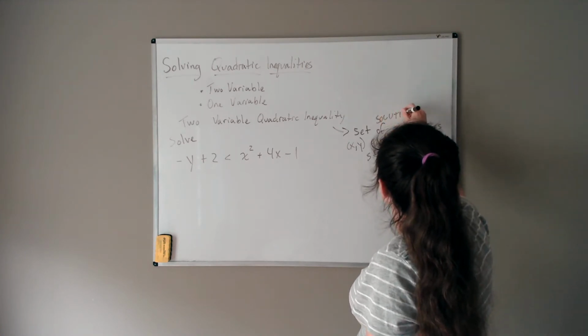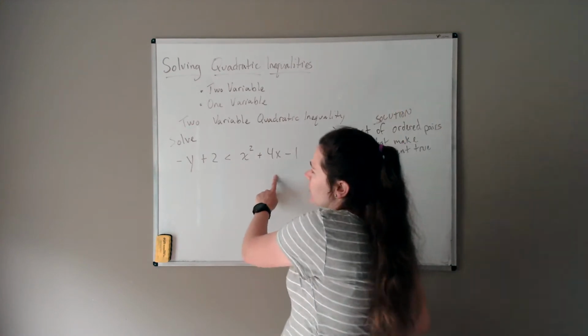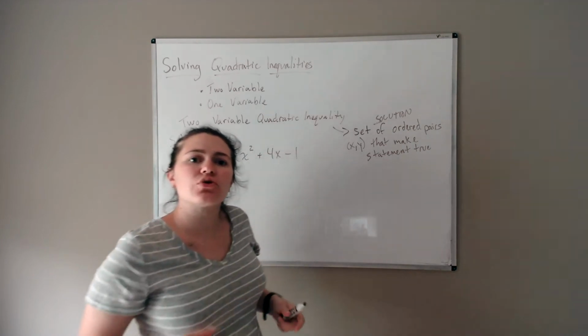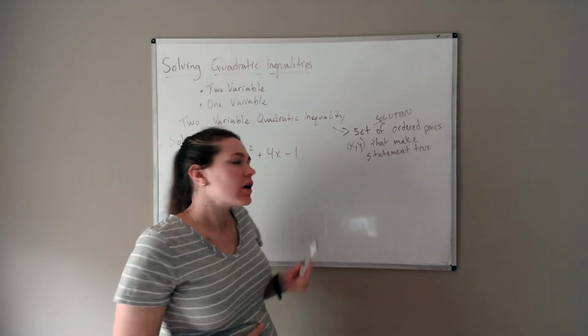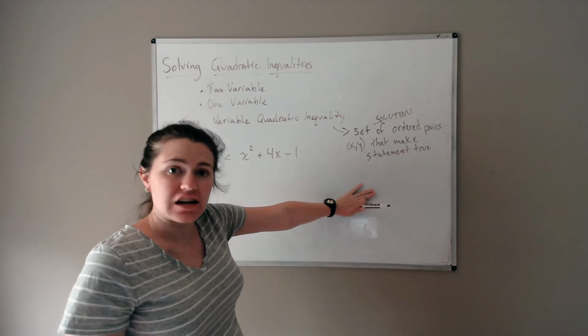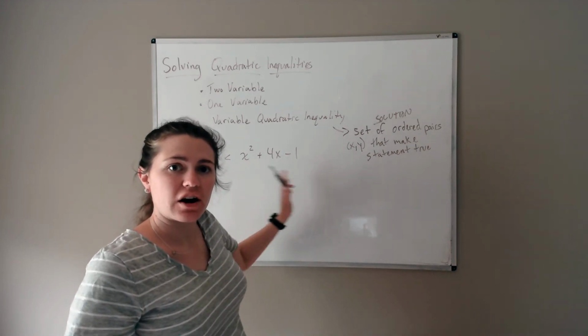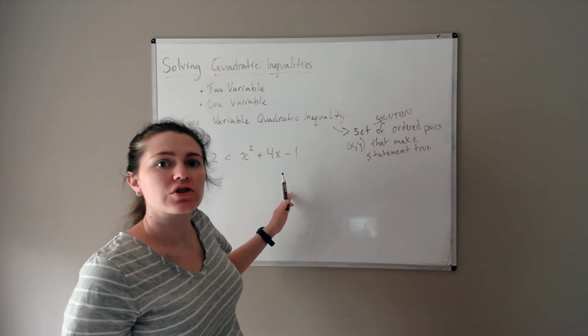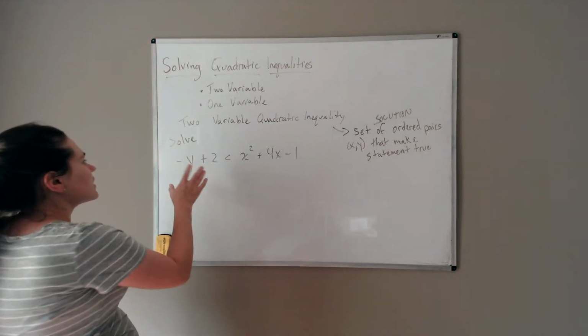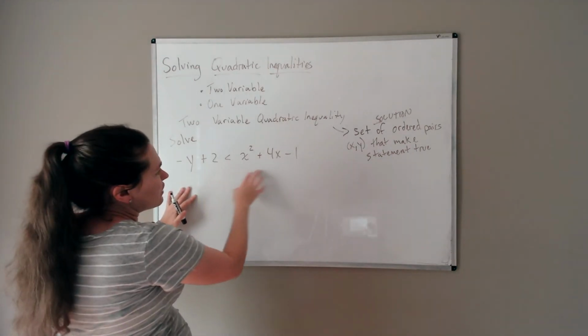So the only way to show your solution, if it's an infinite set of ordered pairs, is to graph it. We have to show the solution graphically by shading, because it's going to be the infinite number of ordered pairs that makes the left less than the right.